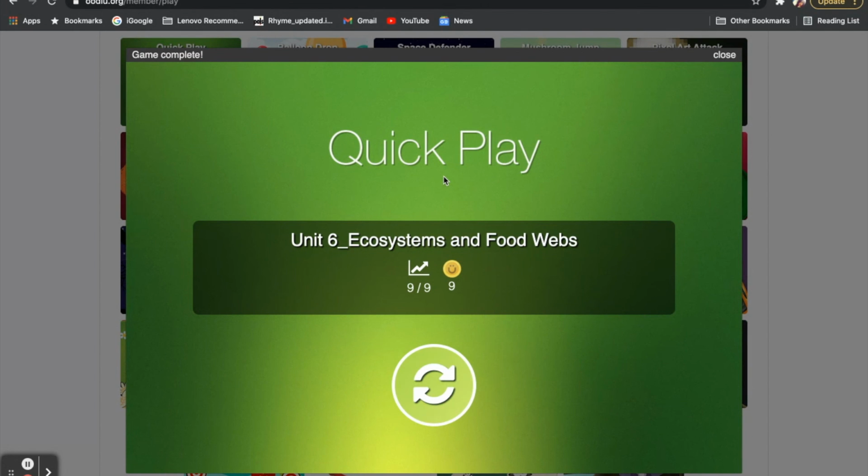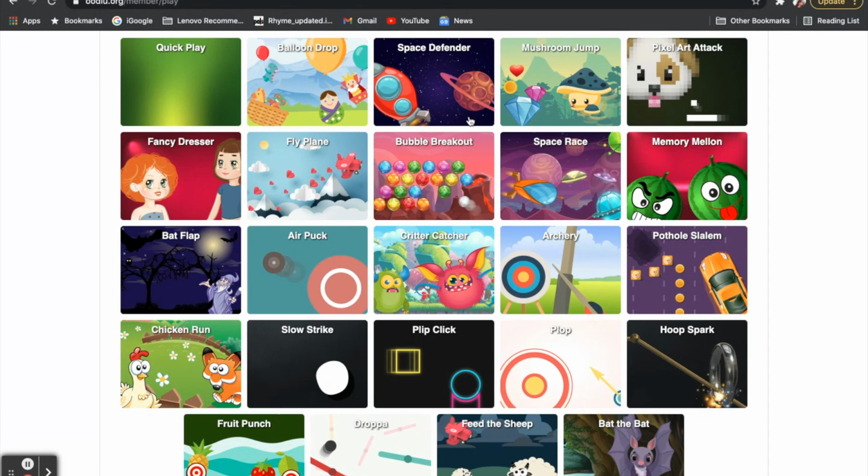Go to Odaloo, use the login information I showed you at the beginning, and you can do your own practice and choose to play with these different games. Remember, I am also available for office hours from 2 o'clock all the way to 3:30. If you want to come play Odaloo with me, or be on Quizlet, we can study together. If you have any questions, just visit me then.